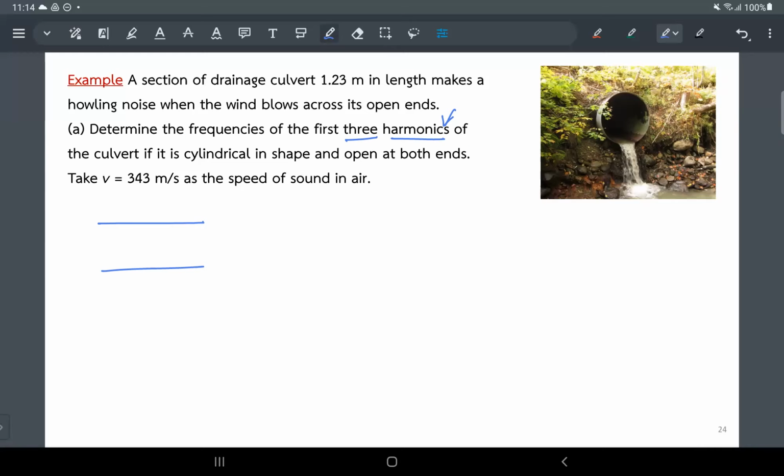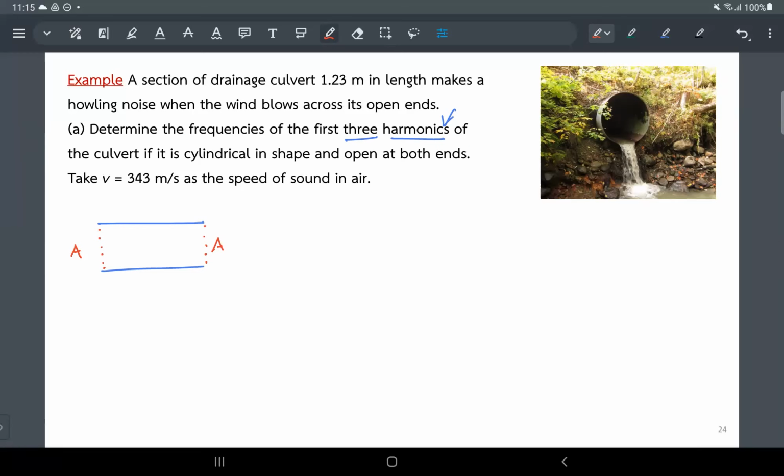Okay, so it's like playing games here. We already have an open-at-both-ends tube here. So we assume that the condition that is going to be met is that both ends represent the position of an antinode. Okay, sounds good.